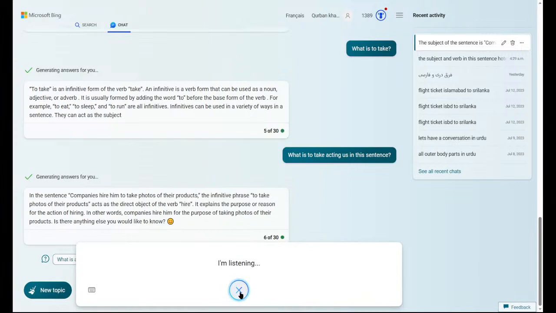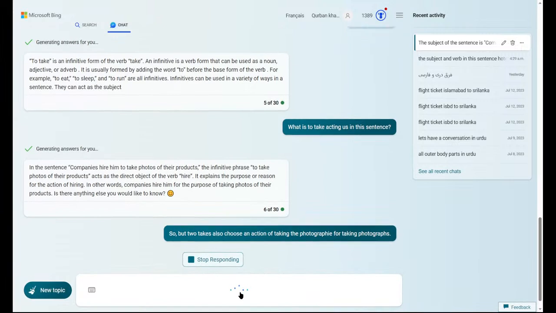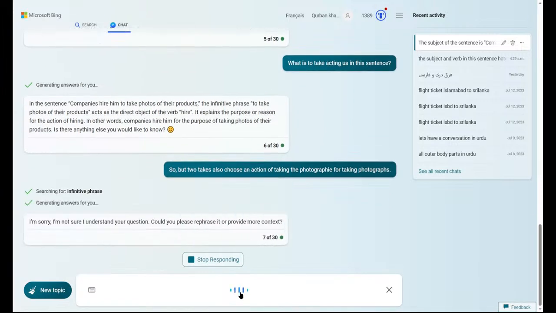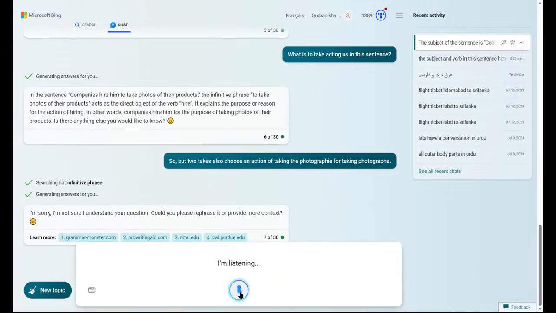So, but to take also shows an action of taking the photography, taking photographs. Searching for infinitive phrase. I'm sorry, I'm not sure I understand your question. The infinitive to take is also showing action here. Why isn't it chosen as the verb?